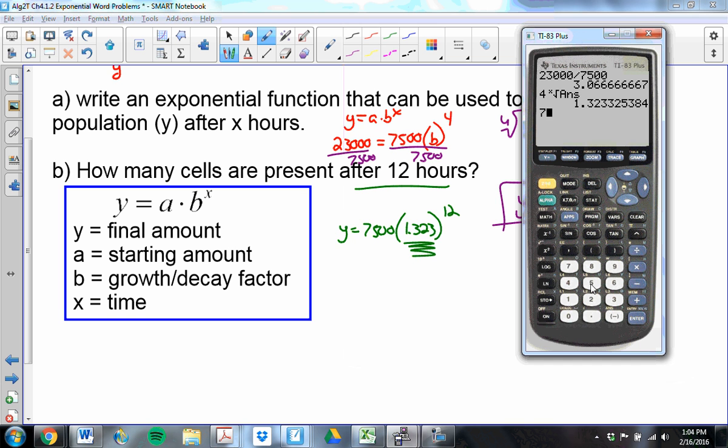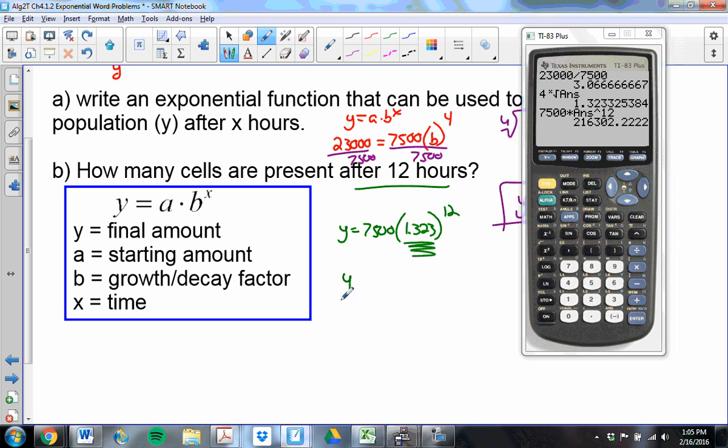So I'll do 7,500 times my previous answer, second negative, to the 12th. And I get 216,302 cells.